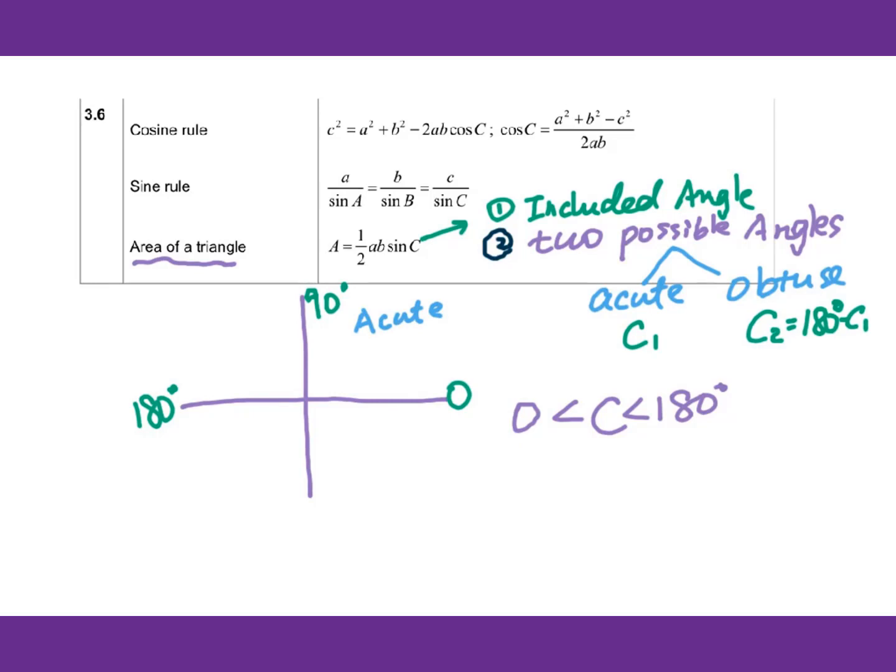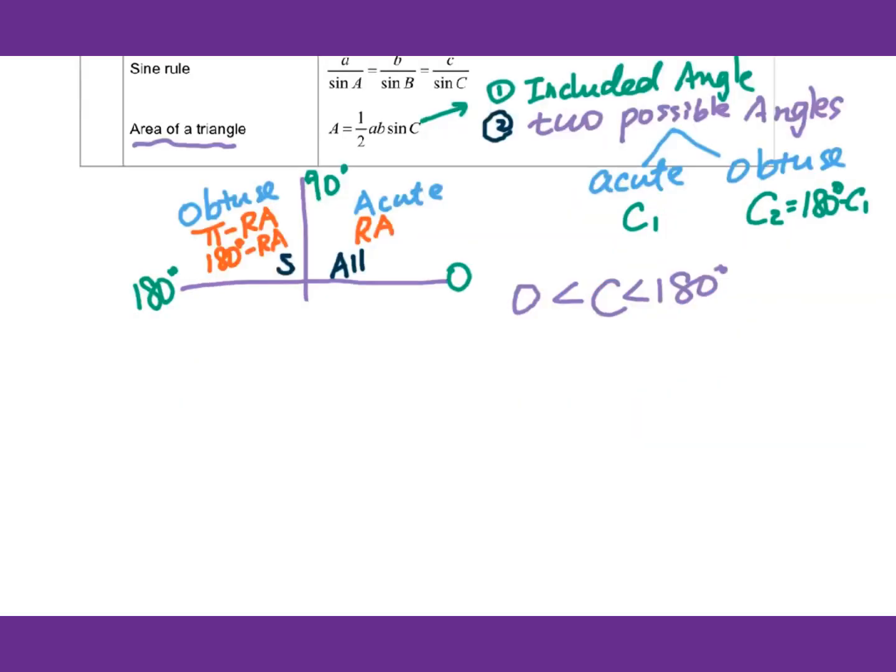For any angle between 90 to 180, we call this an obtuse angle. As we know, any angle in the first quadrant, we call that the reference angle. We can use pi minus reference angle or 180 degree minus reference angle to get the angle in the second quadrant. Also, I know that all students take calculus.